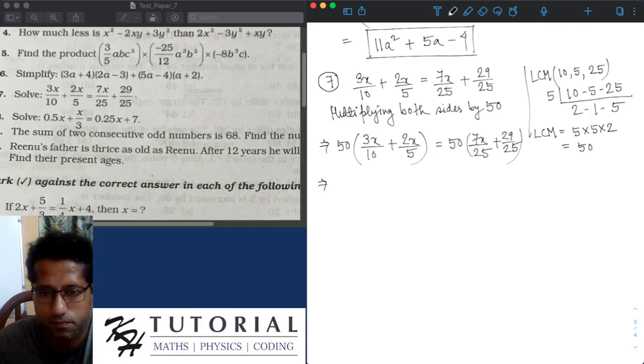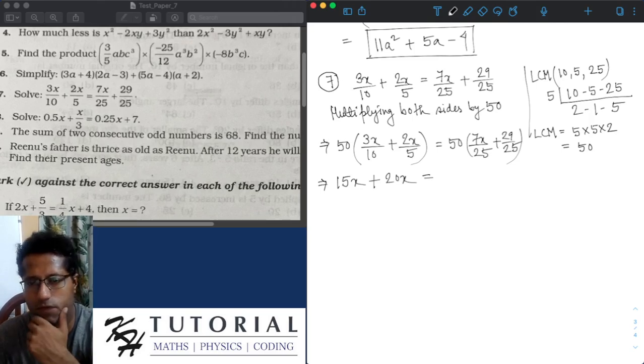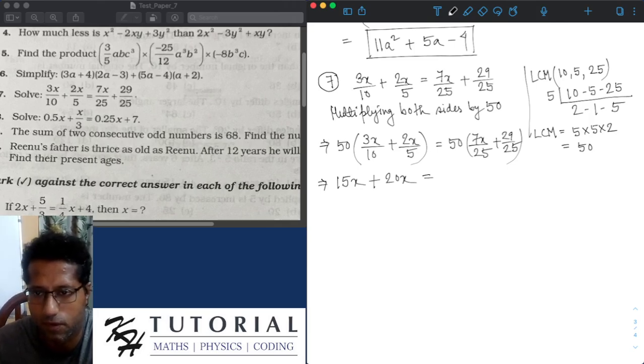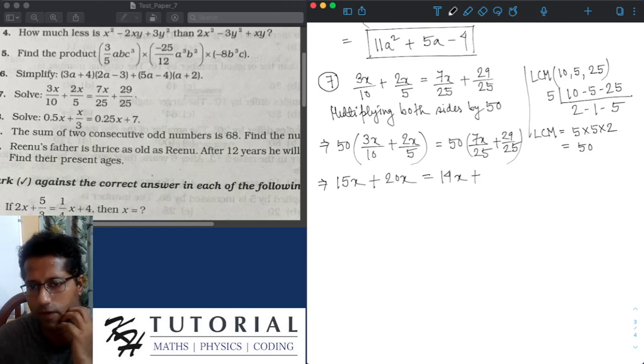So this becomes 15x, 50 into 3x by 10 is 15x, plus 50 into 2x by 5 is 20x, equals, on the right hand side, 50 into 7x by 25, that is 14x, plus 50 into 29 by 25 is 58.